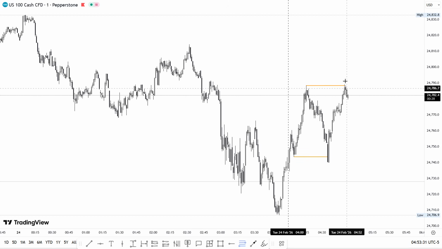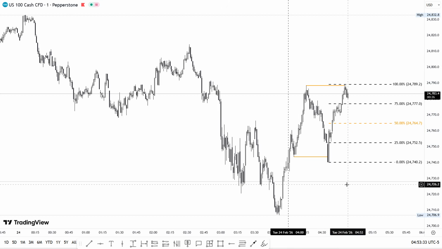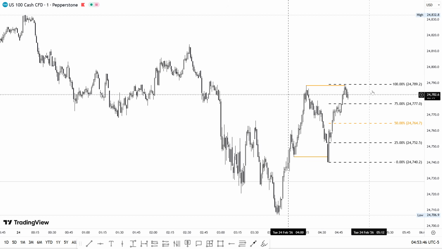So when you have this right there, you don't want it going below this low. This is the external range liquidity. You want to see it take out internal, not external. So this is a protected low in my opinion. And I want it to stay within the upper 25%, preferably upper here, and we begin to just see spooling higher. 50%, I don't want it to give that much of a discount. I don't see why they should. If they do, then it's okay, but that's the thesis behind it.